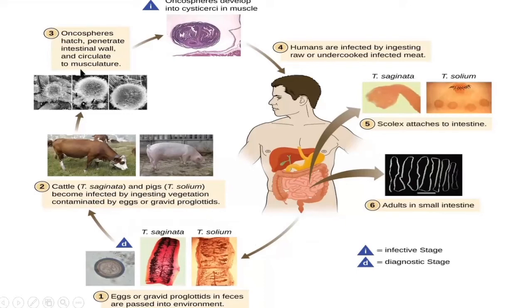The parasite will penetrate the intestinal wall and circulate to the musculature, and then humans will be infected through eating undercooked infected meat. If not properly cooked or partially cooked, they will be infected.